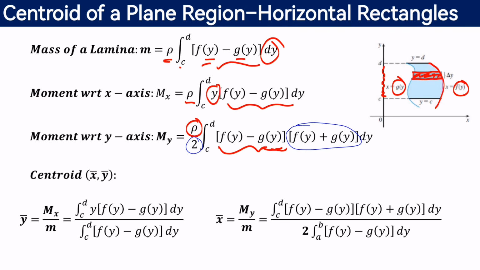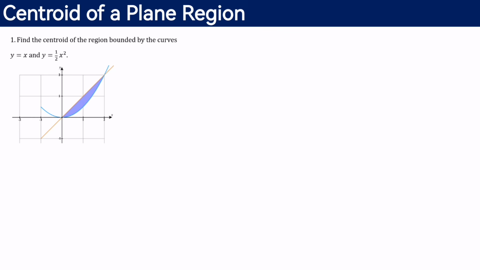And finally, the centroid is x bar, y bar, where x bar is the moment with respect to y divided by m, and y bar is the moment with respect to x divided by m. So now you simply have to remember these formulas, and after that, we are ready to do this example.